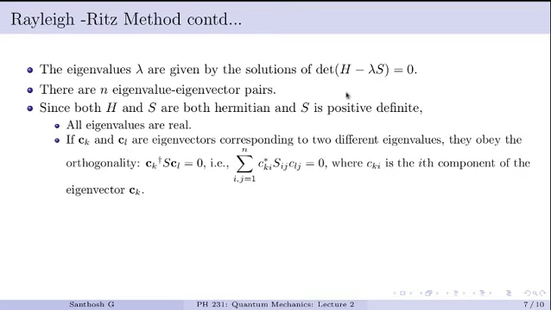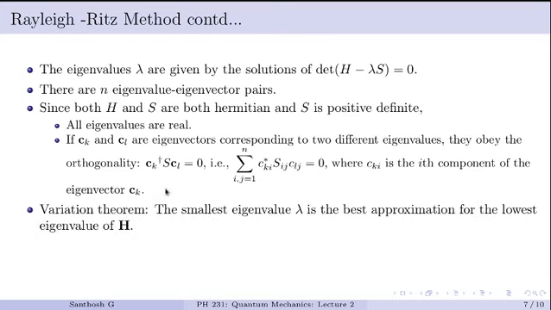And the second is if Ck and Cl are two eigenvectors corresponding to different eigenvalues, they obey a kind of orthogonality relation, which is given by this: Ck dagger S Cl is equal to 0. If S was the identity matrix, this would be Ck dagger Cl equal to 0. This is the usual orthogonality relation. Now the variation theorem would say that the smallest eigenvalue lambda is the best approximation for the lowest eigenvalue of H.